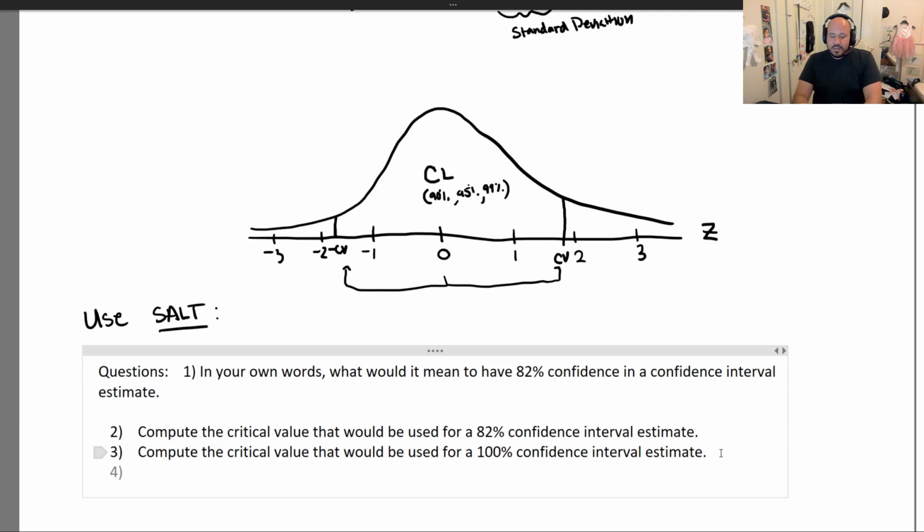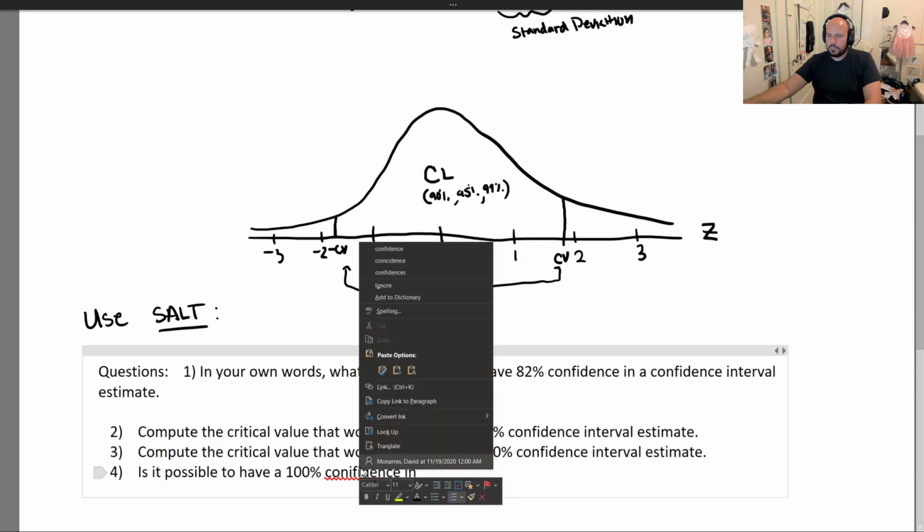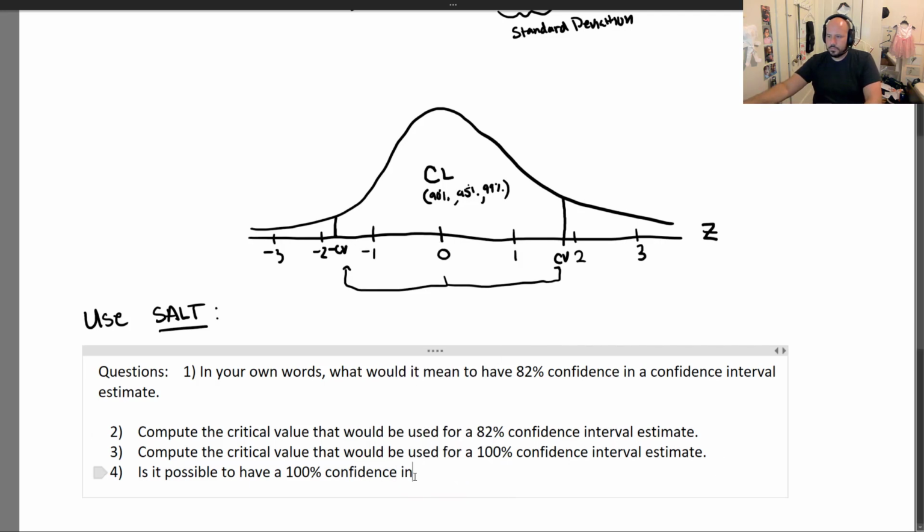But what I want to say is, is it possible to have a 100% confidence interval estimate? Okay, and for credit for this, I want you to explain your response.